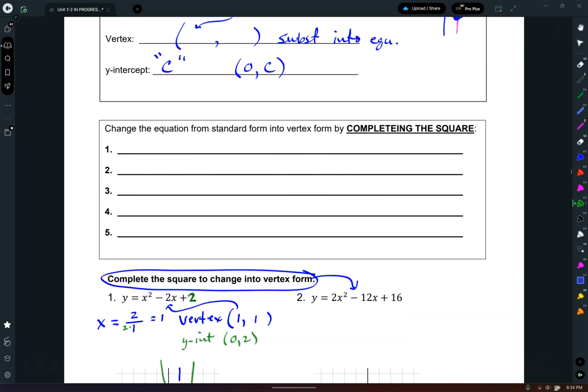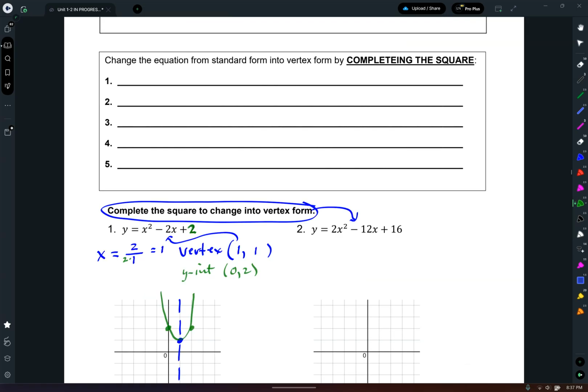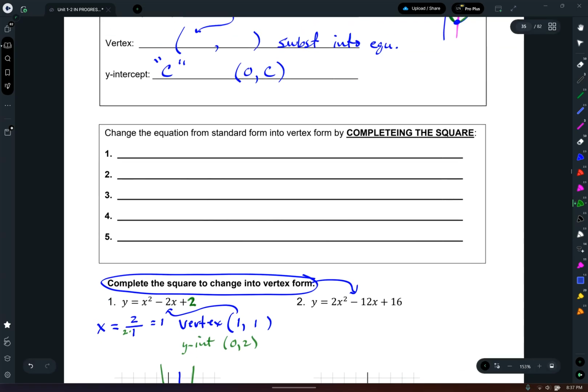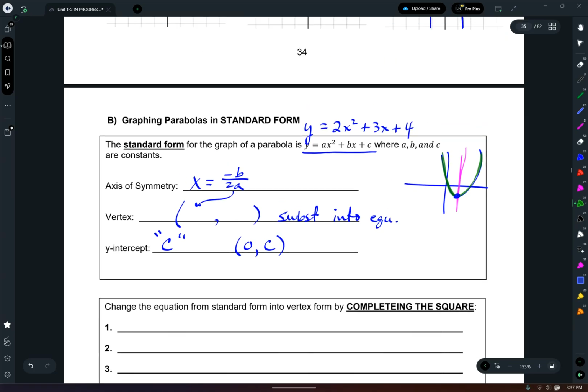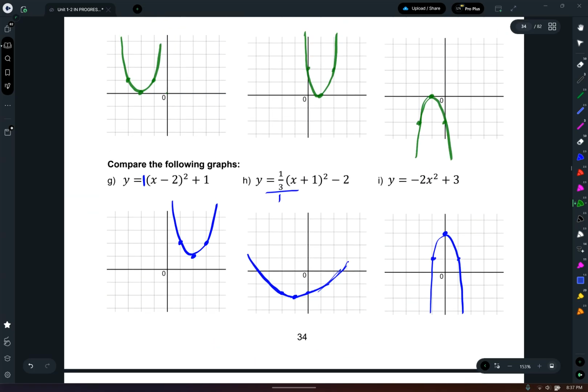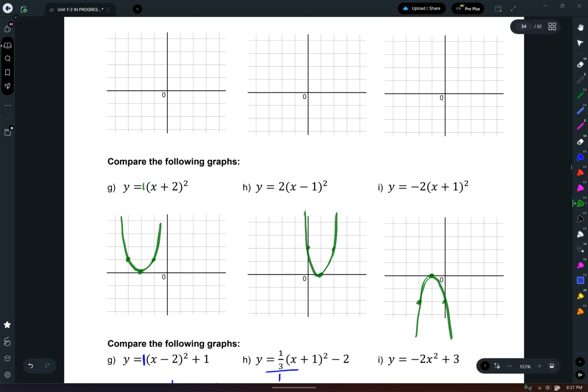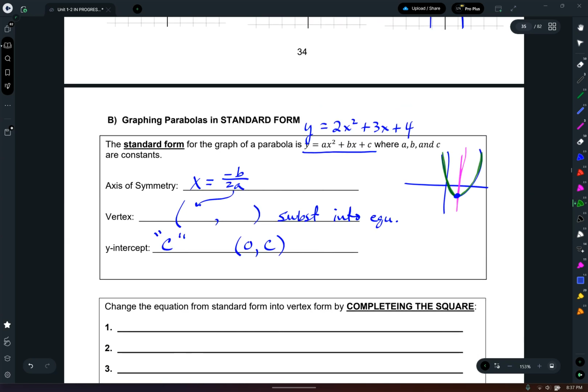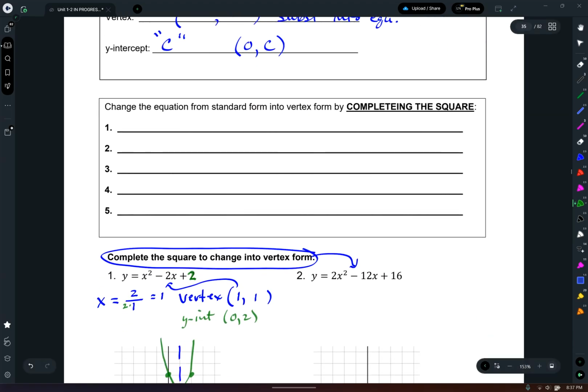Now let's talk about changing an equation into vertex form. Okay. So now let's talk about the idea of if I have my equation in vertex form, then I can go straight to the graph. So instead of maybe messing with this standard form, it might be easier to take my equation and turn it into vertex form.